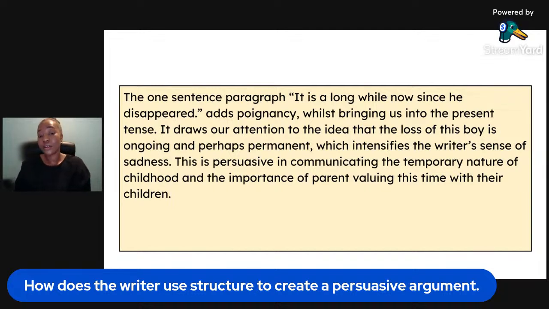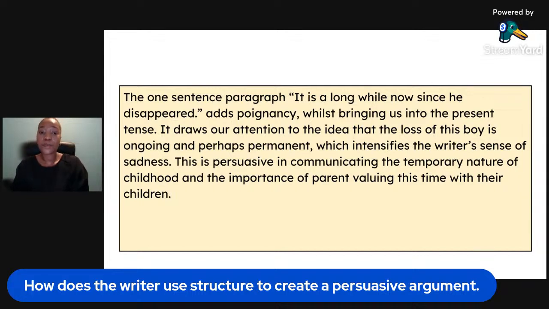Sorry for some of the typos in that one, but that's what you could possibly have written. Okay, so I think the key part there, Veronica, for you would be the fact that this sentence draws our attention to the idea that the loss is ongoing and permanent.